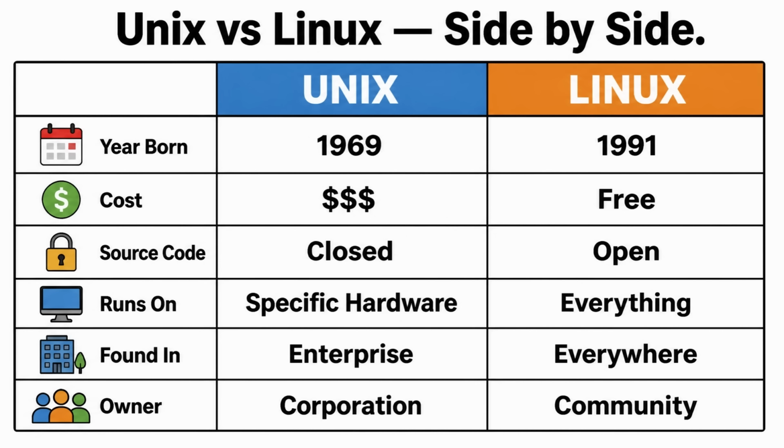Both share similar philosophy, similar commands, and similar structure. Think of Unix as the wise elder, powerful, formal, and expensive. Think of Linux as the energetic, adaptable offspring, flexible, free, and absolutely dominating the modern tech world.